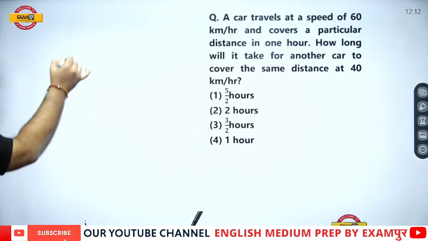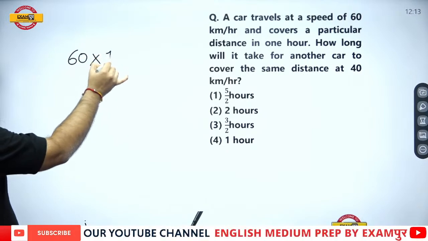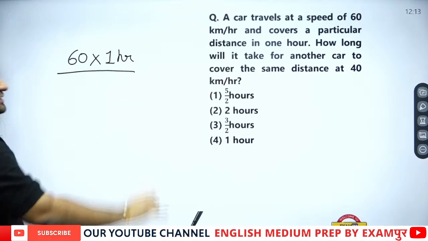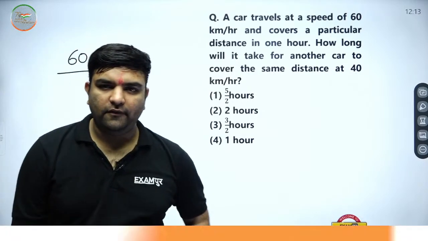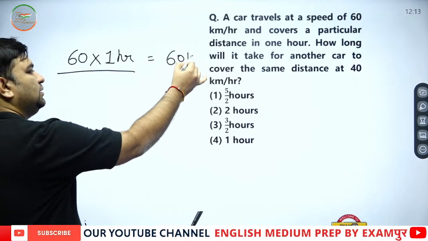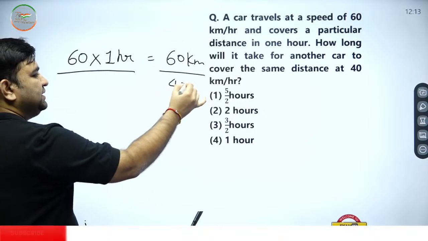Okay. So with the speed of 60, distance can be traveled in 1 hour. So my distance is 60 kilometer. Now I want to travel this distance with the speed of 40 kmph.